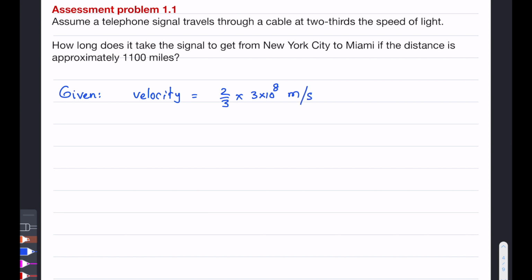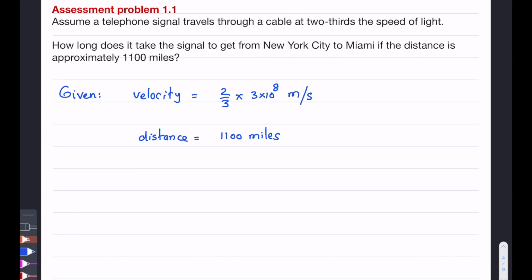Okay, and further the problem goes on, how long does it take the signal to get from New York to Miami if the distance is 1100 miles?